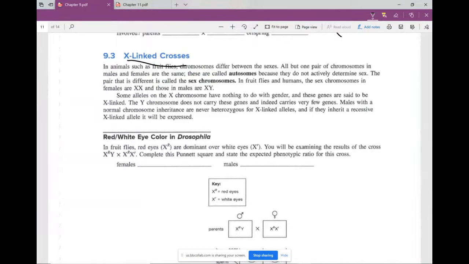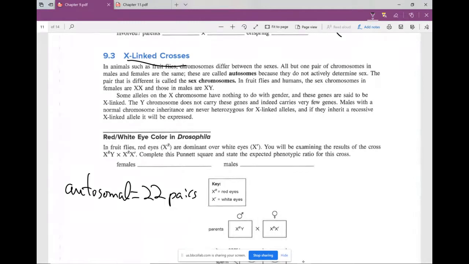All right. So remember that most of your chromosomes are going to be called autosomal. You have 22 of those, 22 pairs.